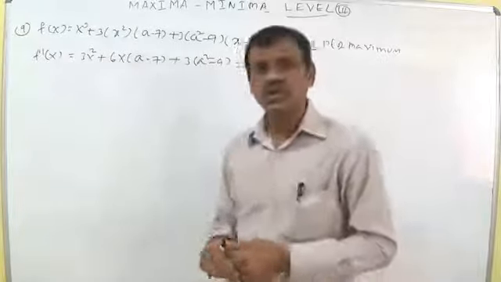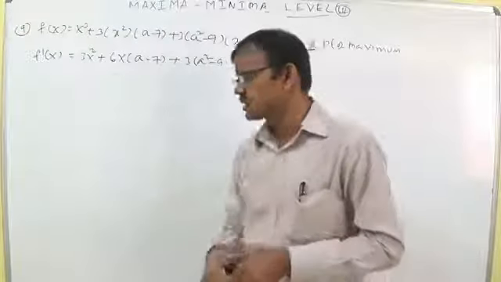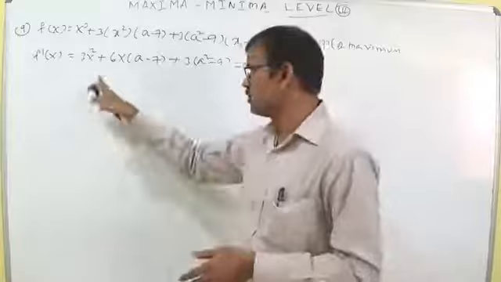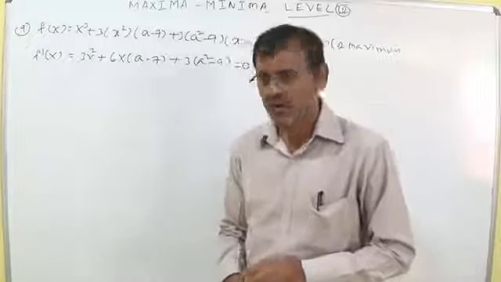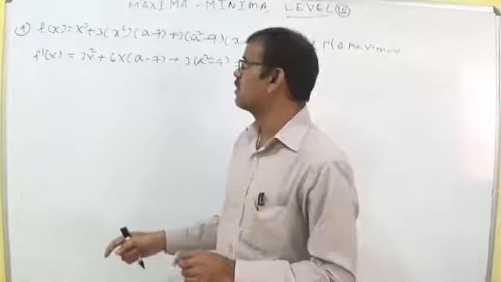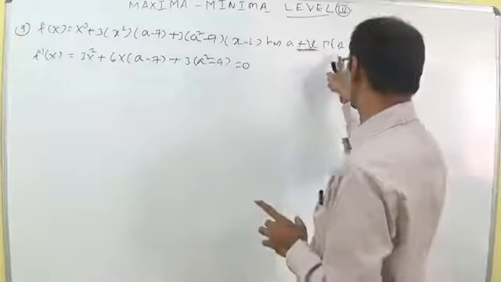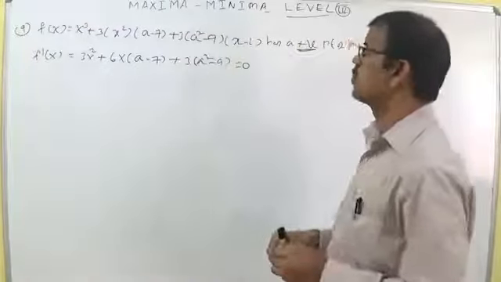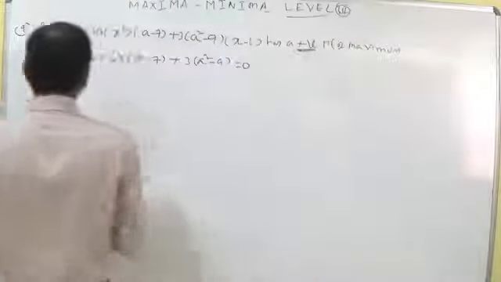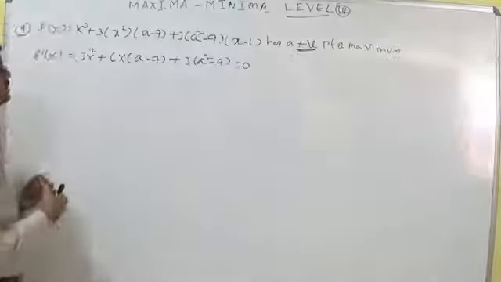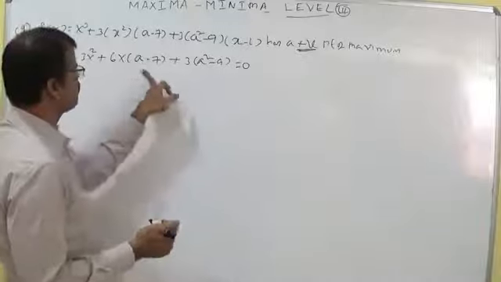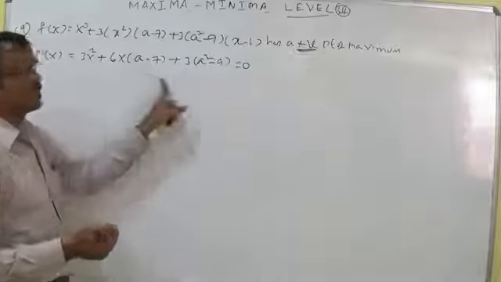For the second derivative, you get only one single degree polynomial. He is asking about the positive point of maximum. So to get the positive point of maximum, the roots should be real and distinct.